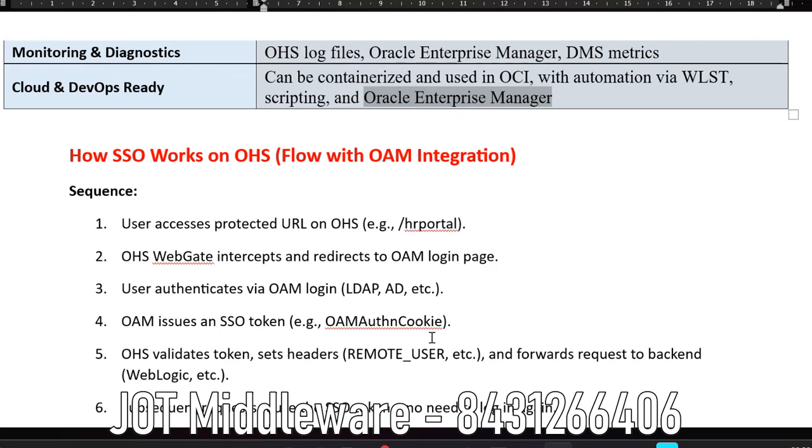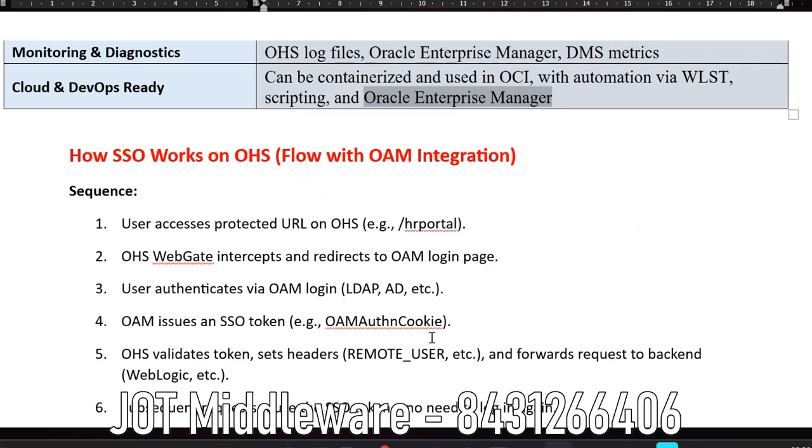But in fewer environments, OHS or IHS or Apache or Nginx works as a reverse proxy. And whatever a load balancer can do, an HTTP server does more than that, because the load balancer cannot process static content, but your web server does that.